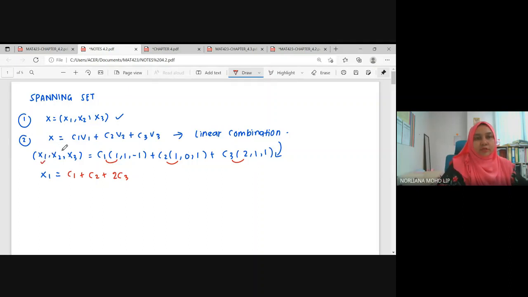Okay, X2. So X2 is equal to C1 plus 0, tak ada lah. Okay, then C3 plus C3.